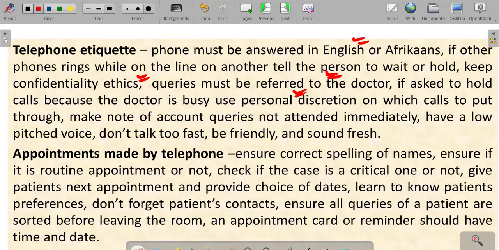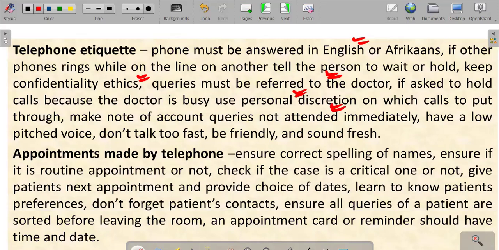Personal decision making is expected of a medical secretary, who must identify the most important communications and calls that must pass through to the doctor, and make note of queries not attended to immediately, so that you can revert back to them.